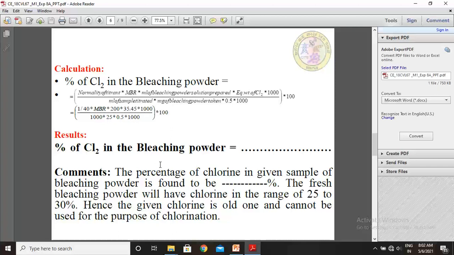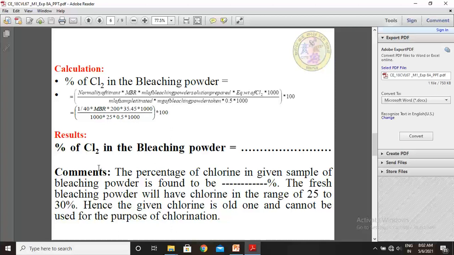Percentage of chlorine in bleaching powder is given by the formula: normality of titrant into MBR into ml of bleaching powder solution prepared into equivalent weight of chlorine, divided by ml of sample titrated into milligram of bleaching powder titrated. The formula is given by this and the result is obtained in percentage.